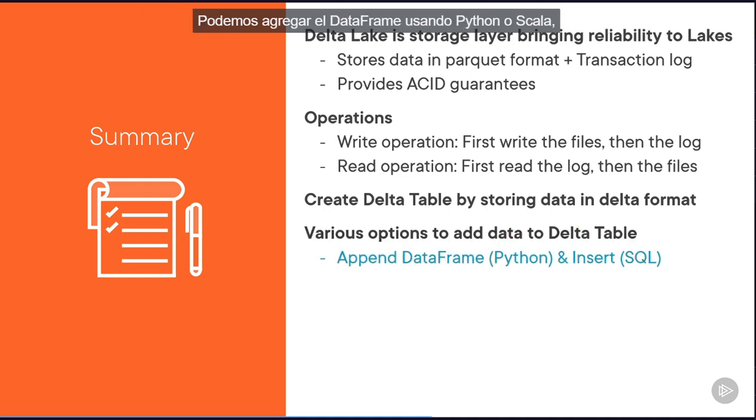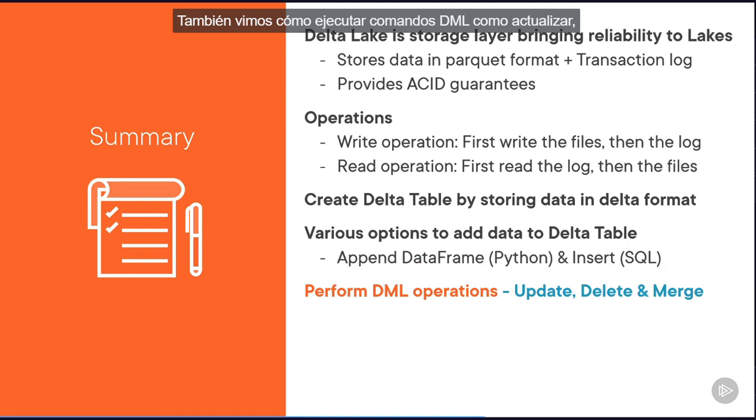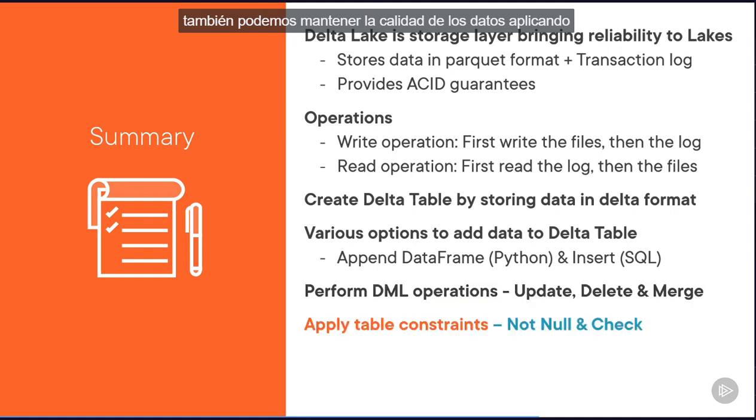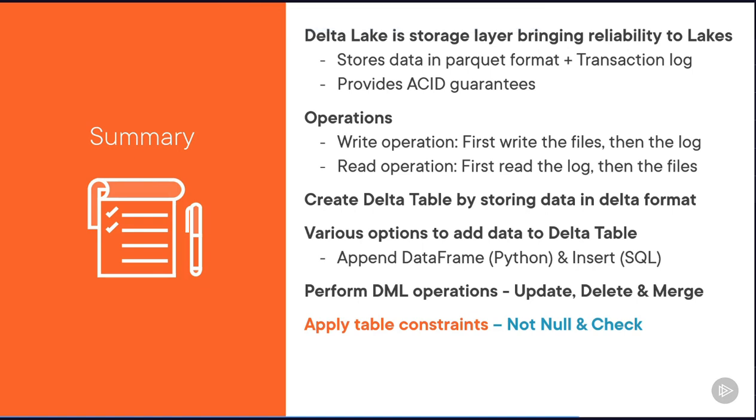We can append the data frame using Python or Scala, or we can use insert command in SQL. We also saw how to run DML commands like update, delete, and merge, and how it is handled in Delta Lake. Then we can also maintain data quality by applying not null and check constraints on the table.